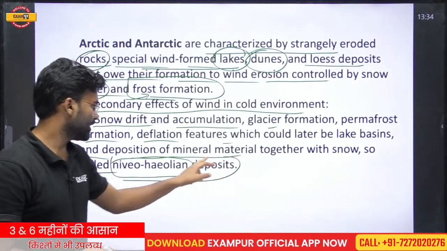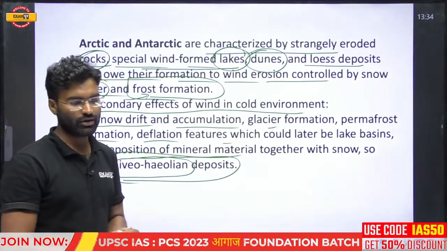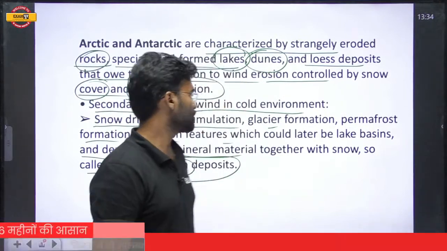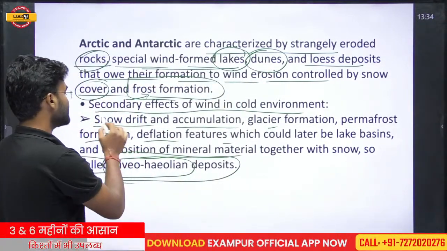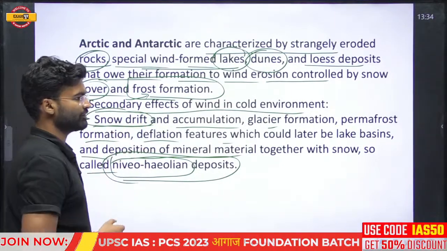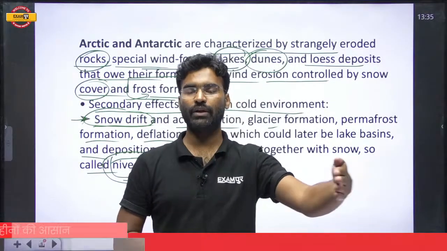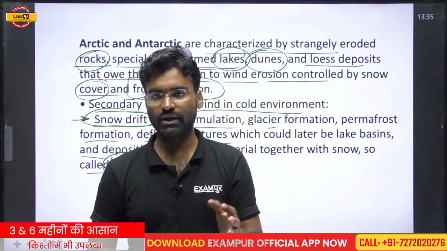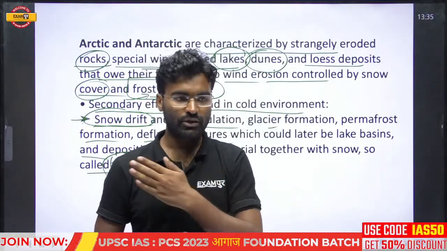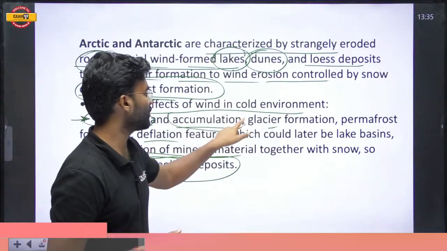So if the wind is strongly moving, then there is snow drift. Snow drift means the slow movement of the snow. If you see the slow movement of the snow, that is the drifting of the snow. Next is the accumulation of the snow.